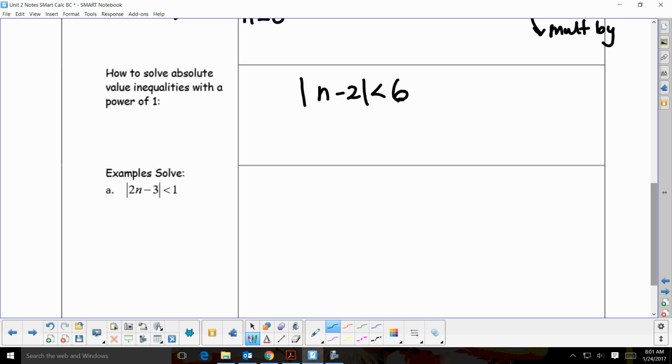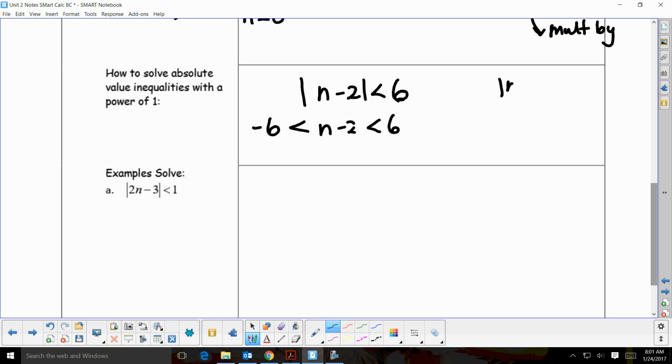Okay. Then if you remember, we drop the absolute value bars. So those go away. We leave that, but we also do the negative. Okay, that's a less and. We go into an and.